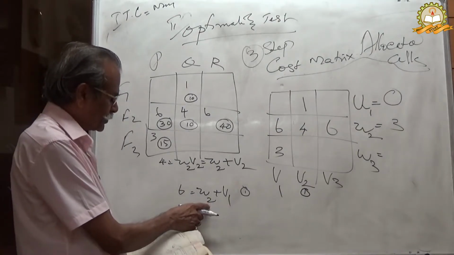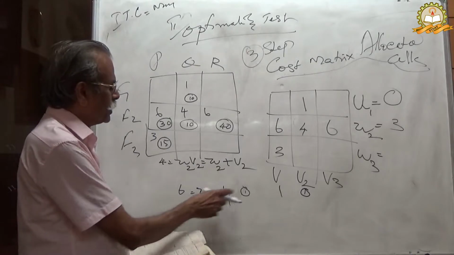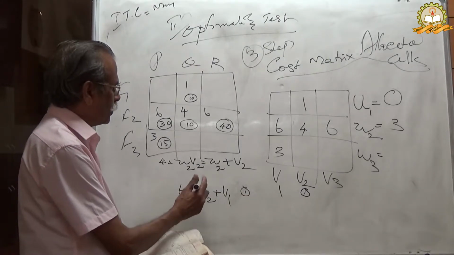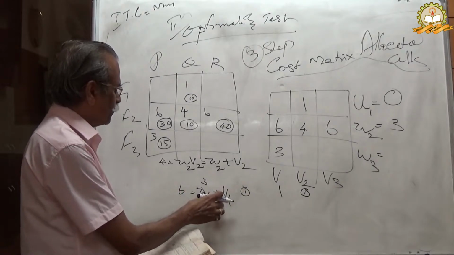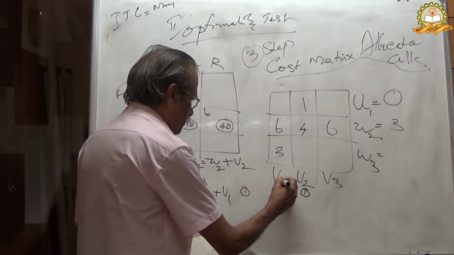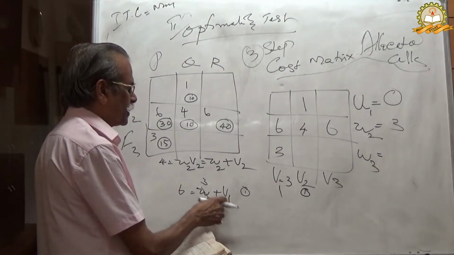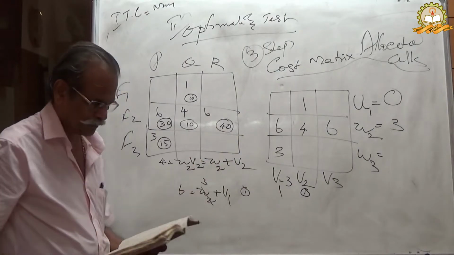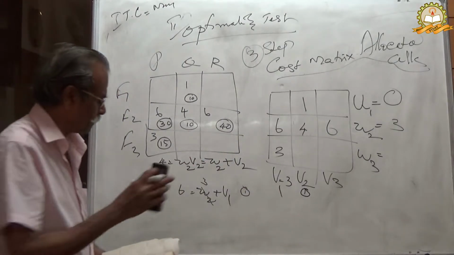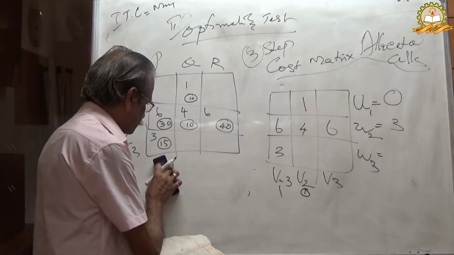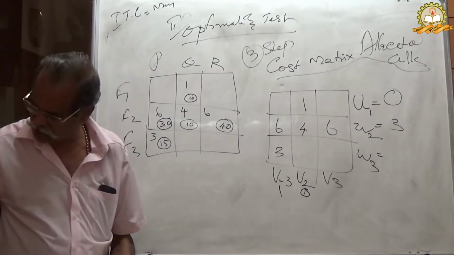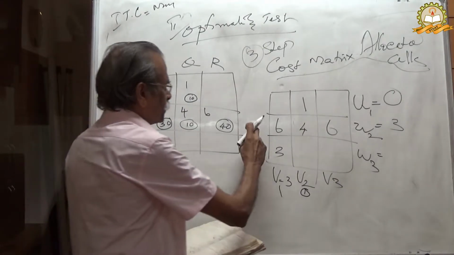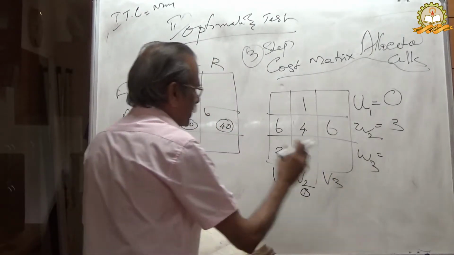Then come back to this. Here you have equation 1, u2 plus v1 equal to 6, u2 equal to 3. Therefore v1 equal to 3. Then another 6: this 6 equal to second row, last column.